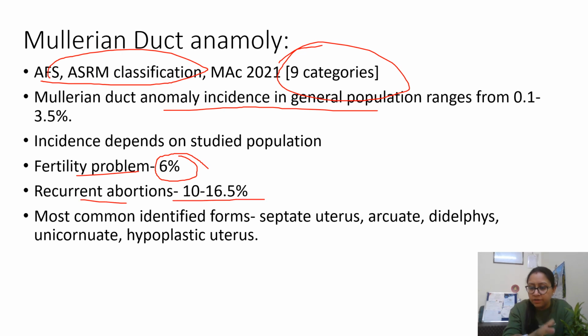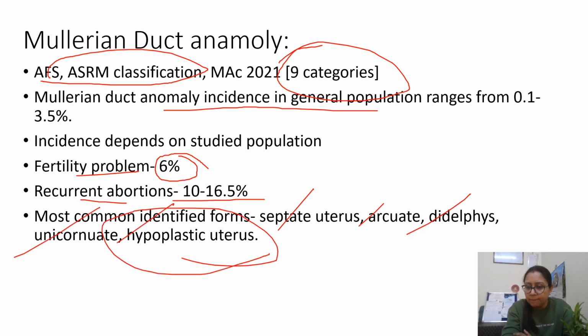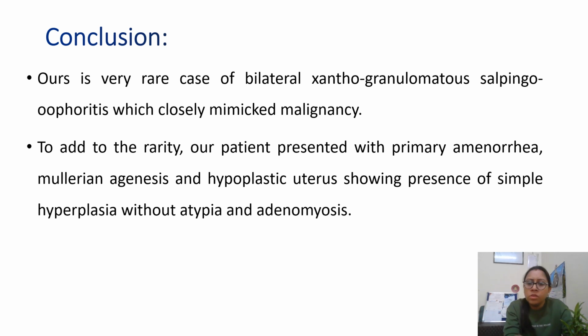What are the most commonly identified forms of Mullerian duct anomalies? The patient can present with septate uterus, arcuate uterus, didelphys uterus, unicornuate, and hypoplastic uterus. Our patient presented with a hypoplastic uterus. To conclude, finding bilateral xanthogranulomatous salpingo-oophoritis in the female genital tract is very rare, and the main thing is that it mimics malignancy.